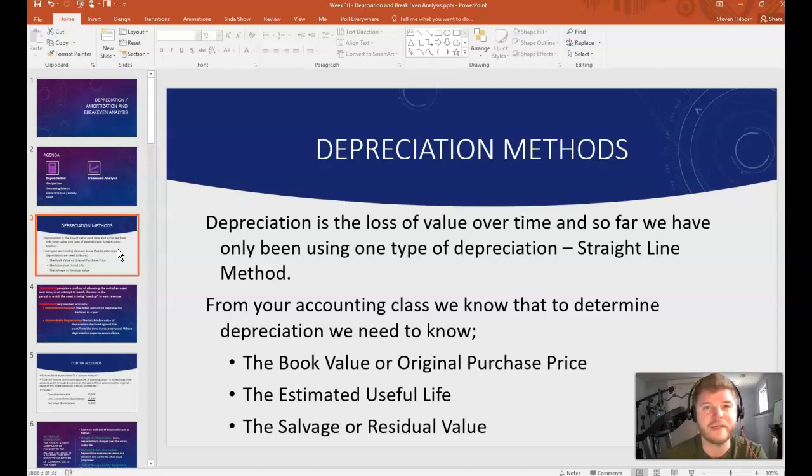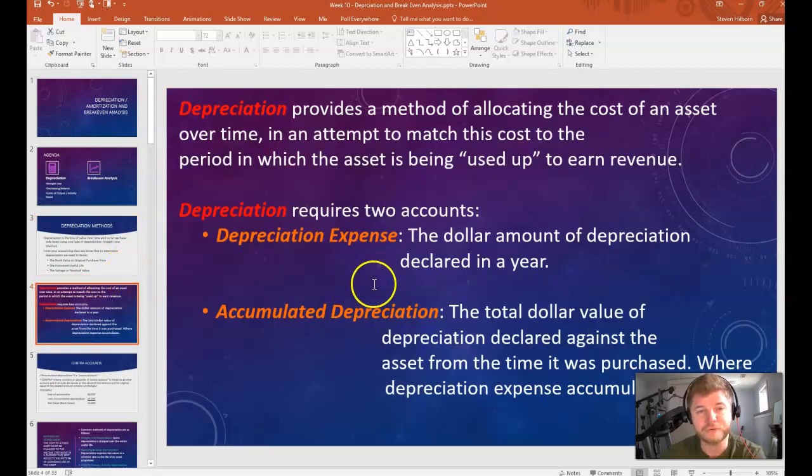So even a vehicle that's probably not even roadworthy might still be worth $1,000 for scrap or materials. So those are things that we'll be looking at, and how do we work in 3 different types of depreciation methods. So depreciation does provide a method of allocating the cost of an asset over time. So it's essentially trying to match up the use of it over its lifetime.